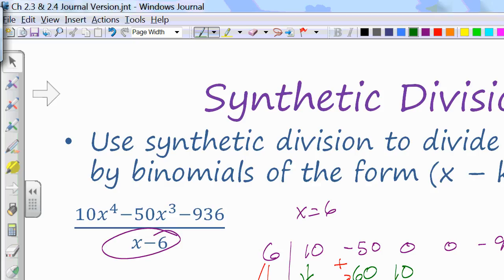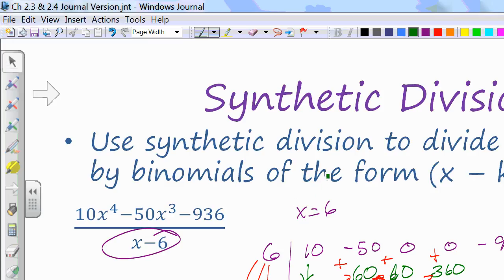And then we're going to add those, which is 60 plus 0 is 60. 6 times 60 is 360. We add them. We have 360.